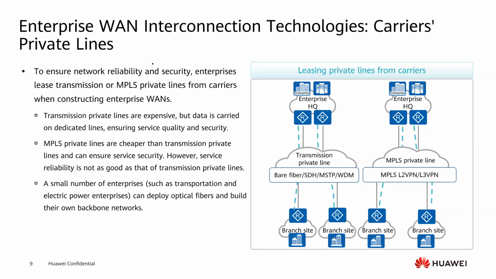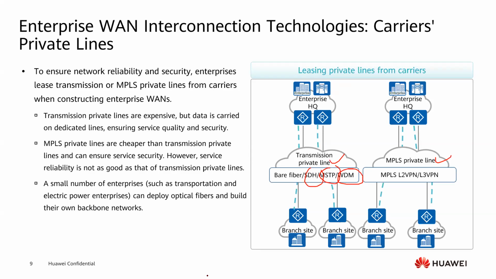So here's a little bit of detail about the WAN interconnection technology. For the carrier private line, basically we have transmission and MPLS. For transmission, we can use SDH, MSTP, WDM, DWDM. MSTP is not a protocol, it's a device.